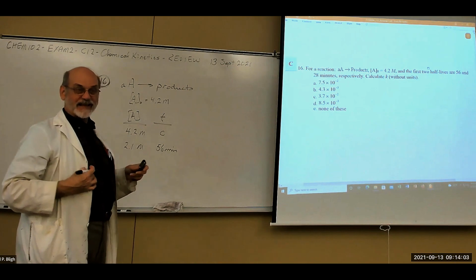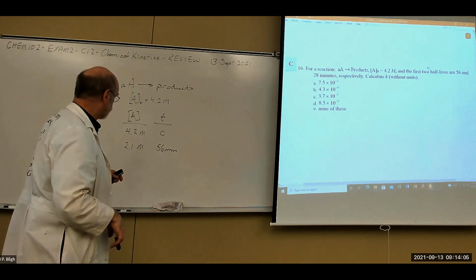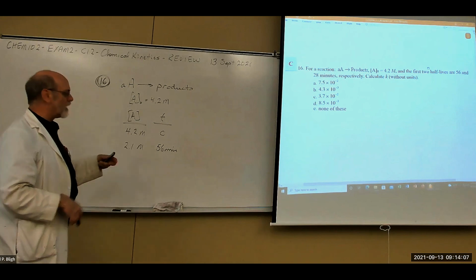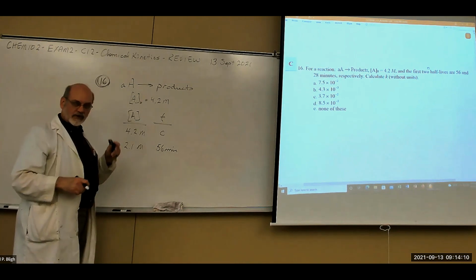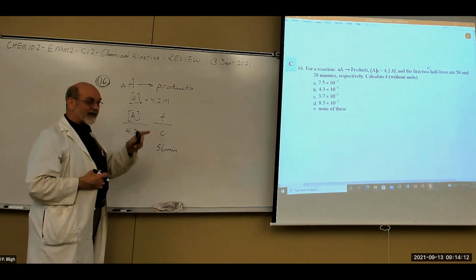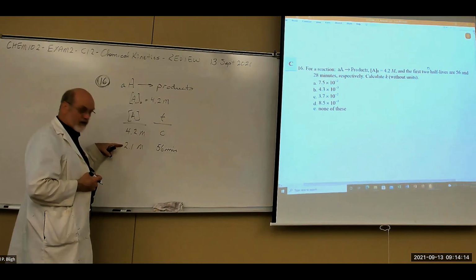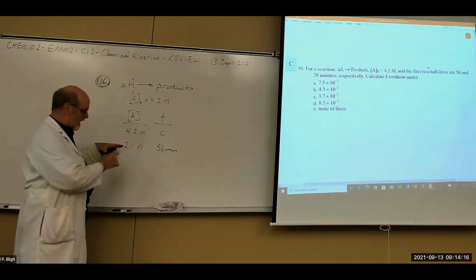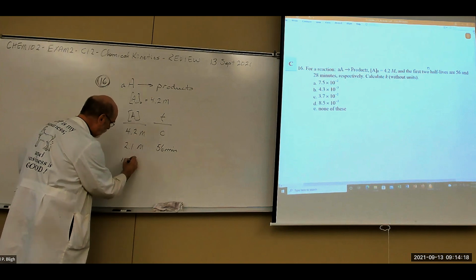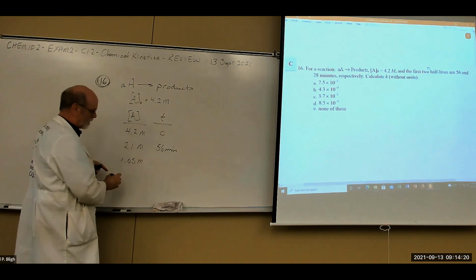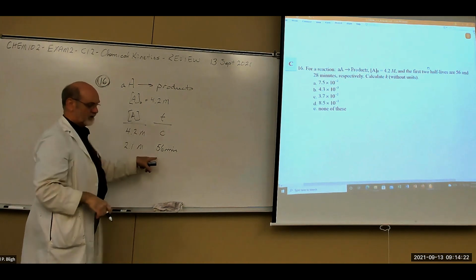Okay, how about the second half-life? What would the concentration be after another half-life? When you say second half-life, now you're starting from here, and half of that is 1.05 molar. But what's the time?